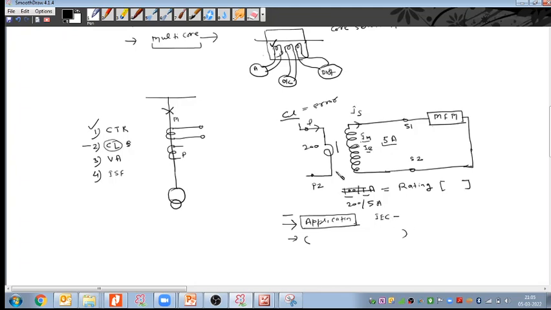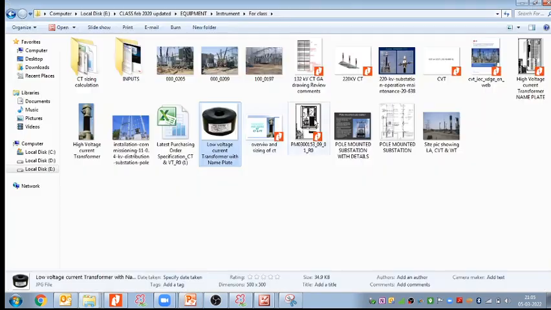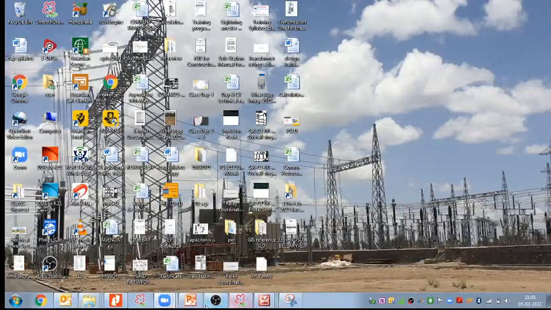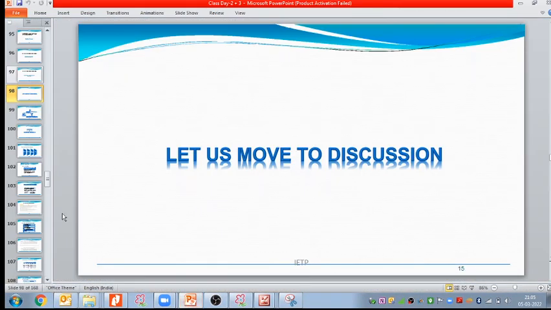So for the accuracy class we will go with the IEC, and we can see what types of accuracy classes are recommended as per the IEC. For that we can go to IEC 61869, and I think I have taken the snapshot also.